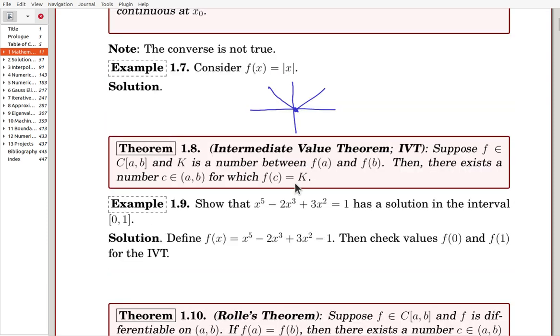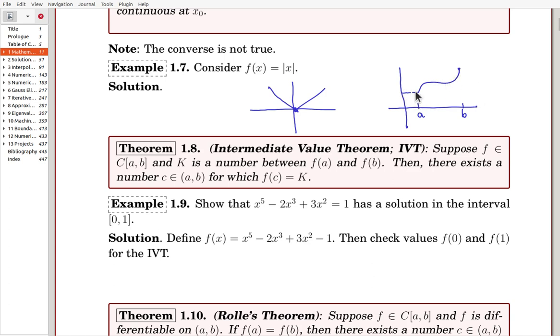Let's consider an illustration. Here there are x coordinates and y coordinates from A to B. Now, f of A, that one, and f of B. And we assume that here f is continuous. So let's make a graph here.